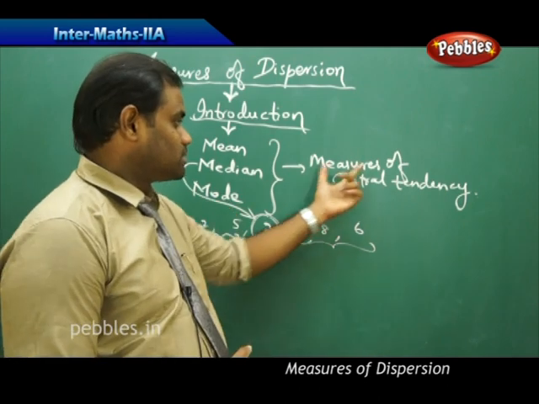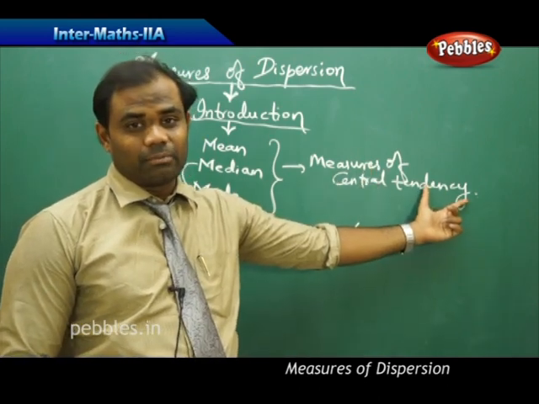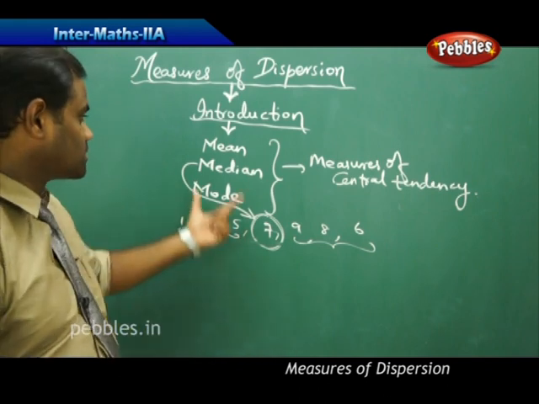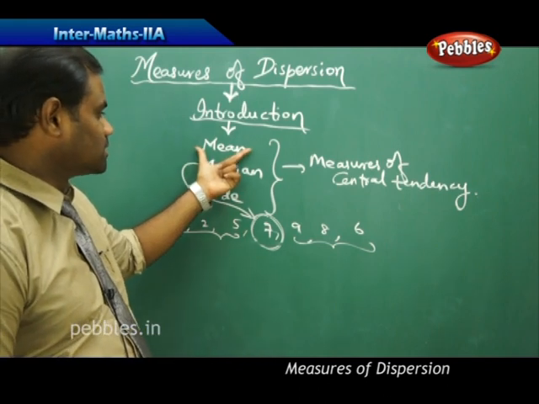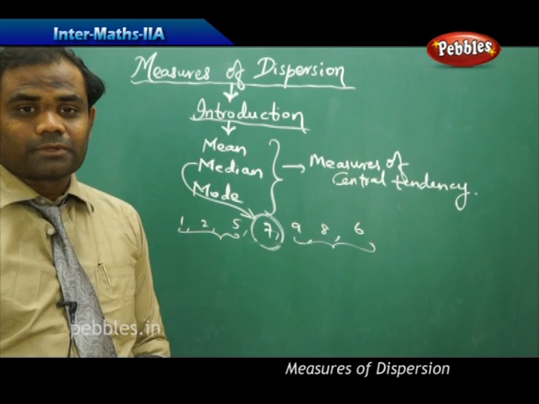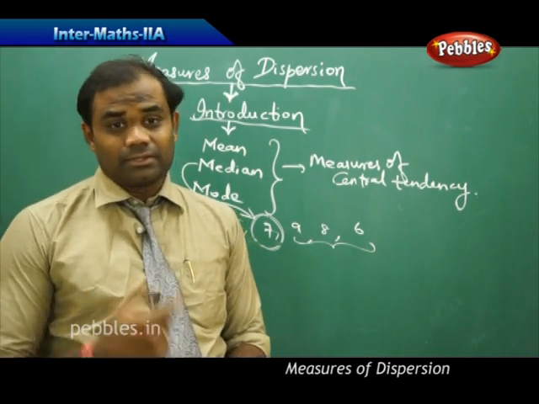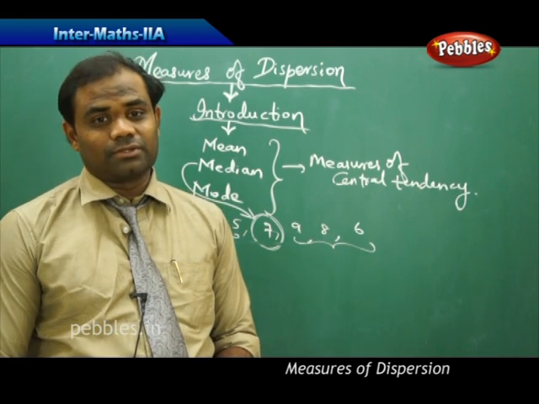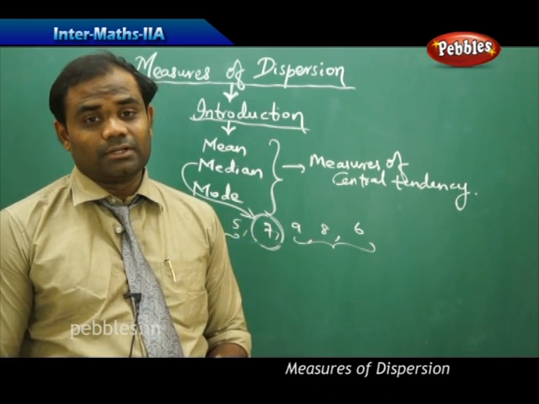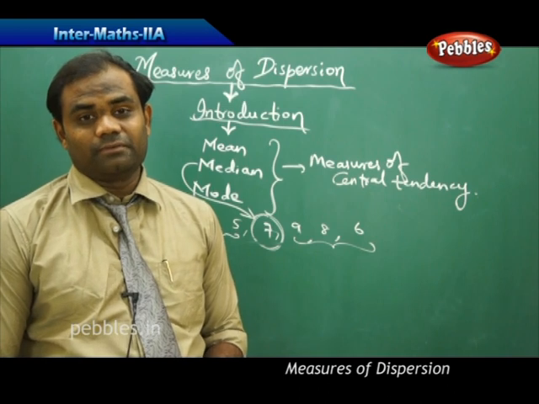Now to measure the central tendency of the given data points, we have three factors in statistics, that is mean, median, and mode. Similarly, the measure of dispersion also has three basic tools in statistics through which we measure the variation.